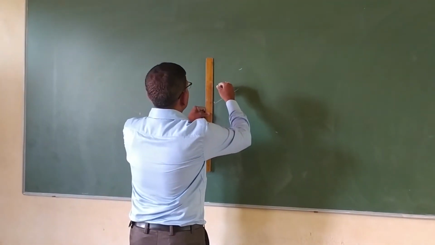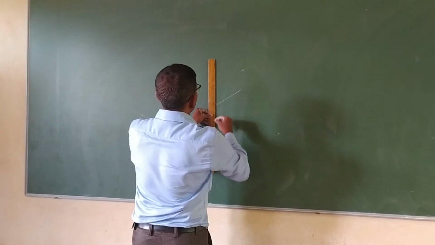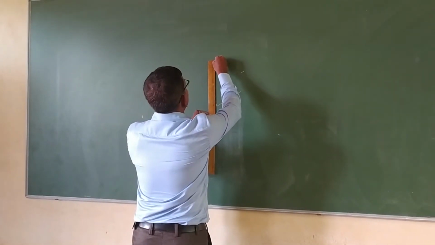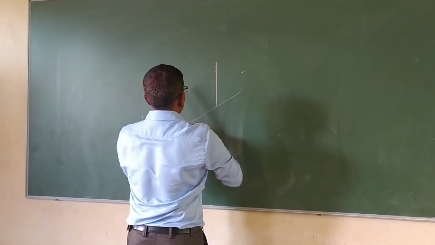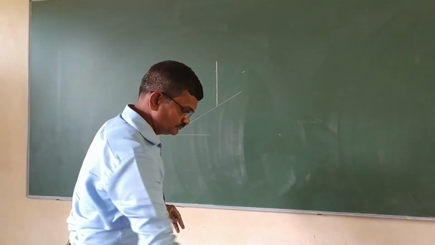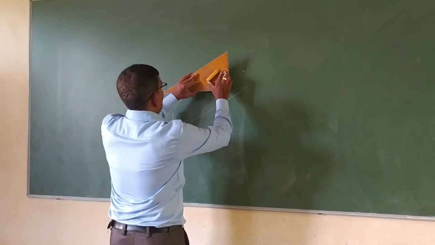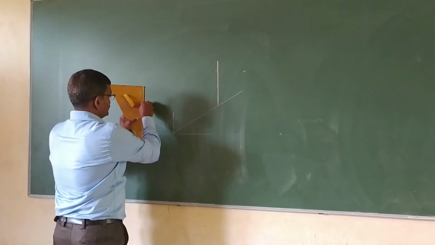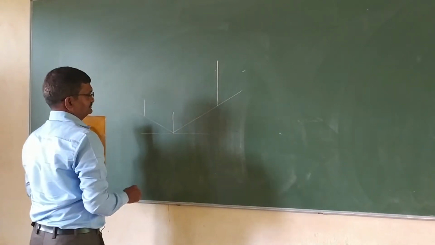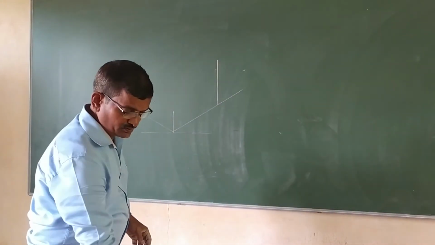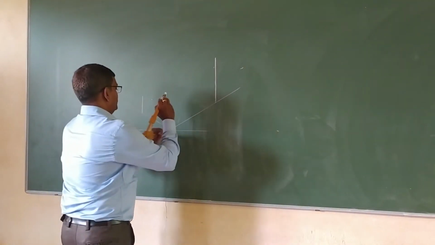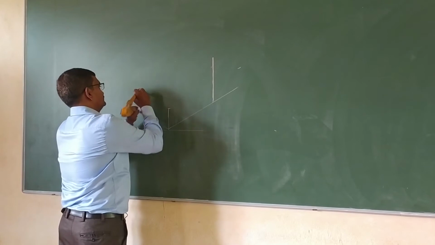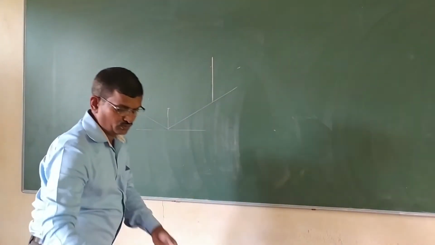Height is 50 mm. Now draw the vertical line, this one. These are also three vertical lines here. What is the height of this? The same height should be taken here. This height, both are the same height.